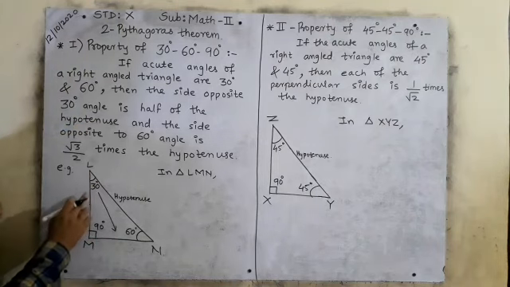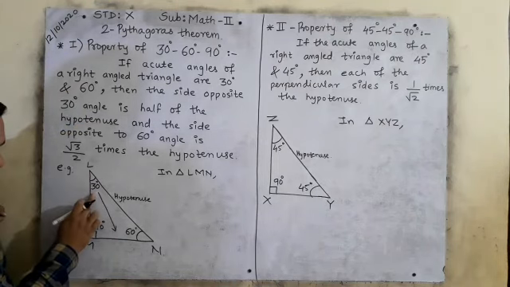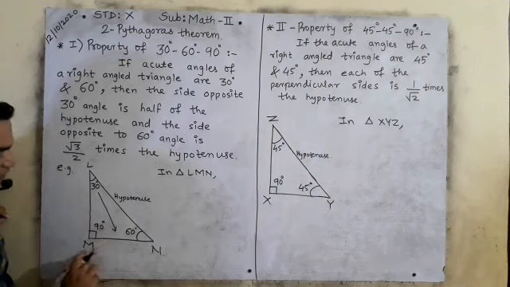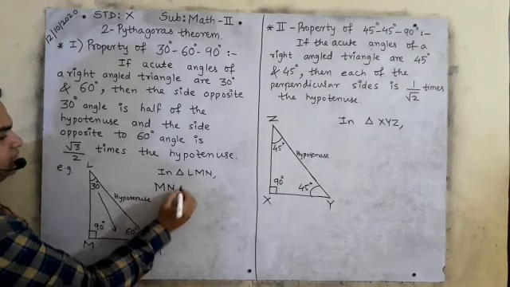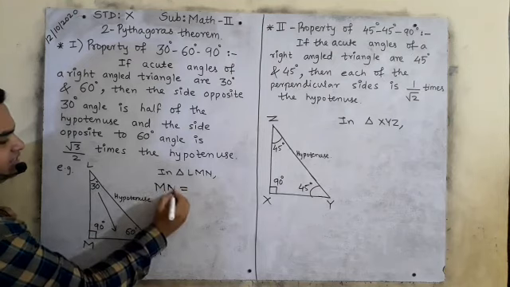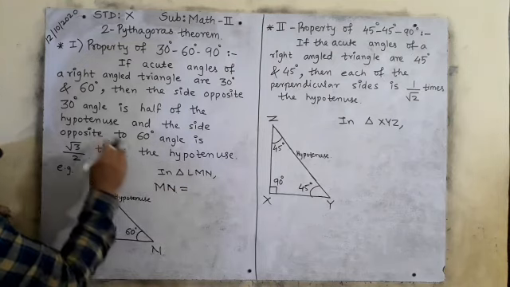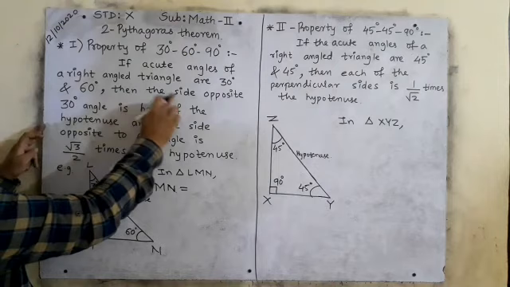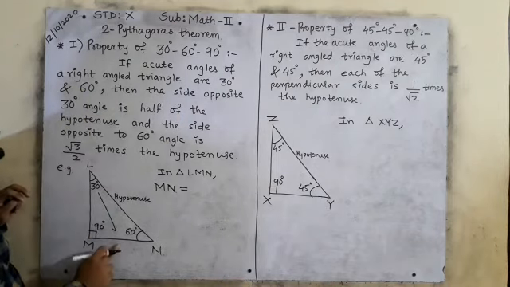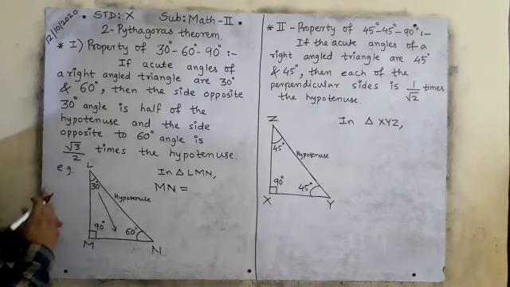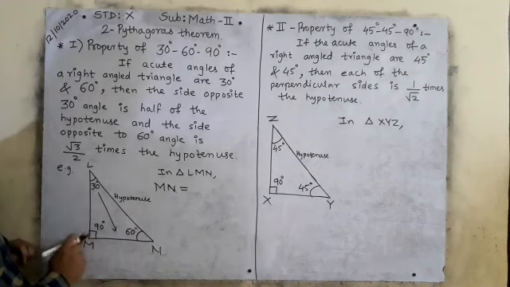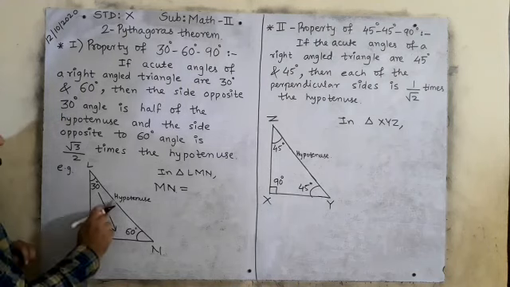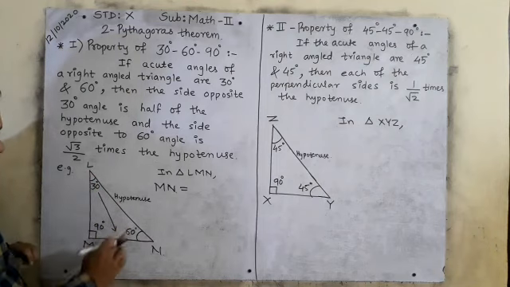So here angle L is 30 degree and the opposite side of 30 degree is side MN. So MN, the side opposite to 30 degree angle, is half of the hypotenuse, and here LN is the hypotenuse. Why? The opposite side of 90 degree is considered as the hypotenuse.